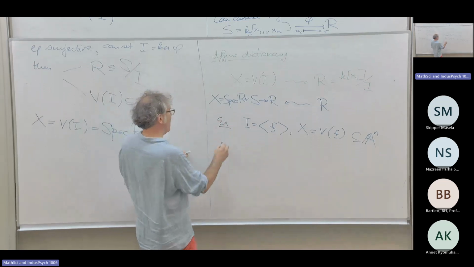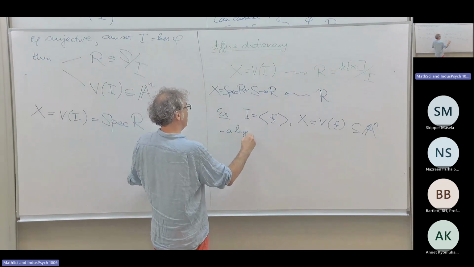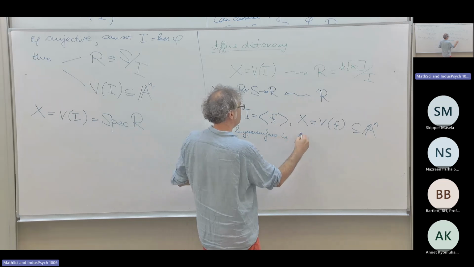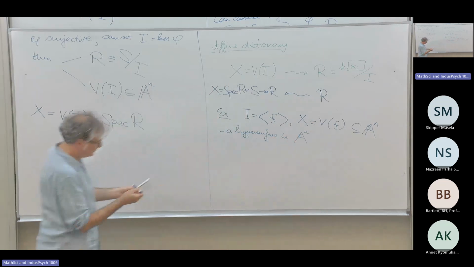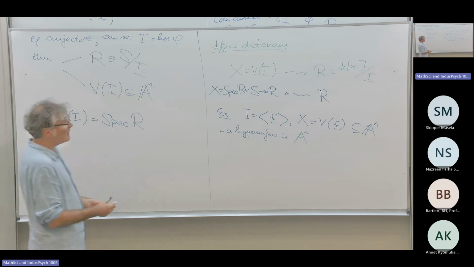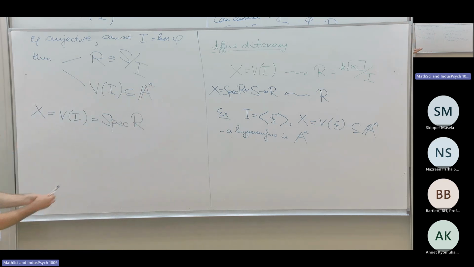And this is what we call a hypersurface in affine space A^n. These are very important examples, and we'll see a lot of hypersurfaces in this course.